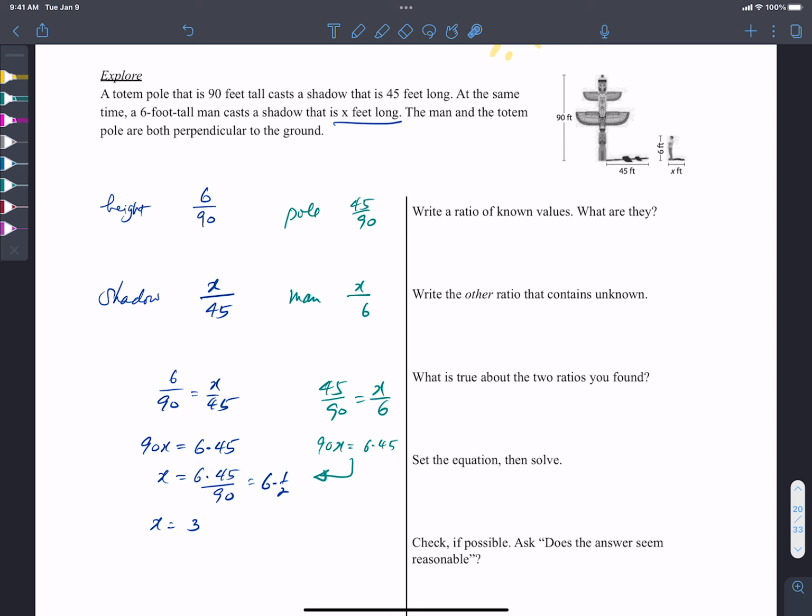But what do you notice? 45 divided by 90 is clearly 1/2. So 6 times 1/2 is 3. This is a lot easier than multiplying these two values, which will yield a big number, 270, I believe, and then you have to divide by 90.